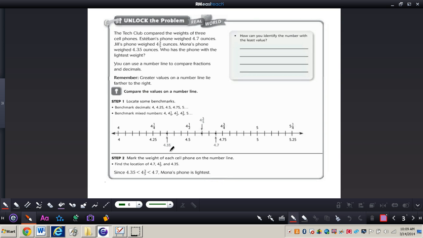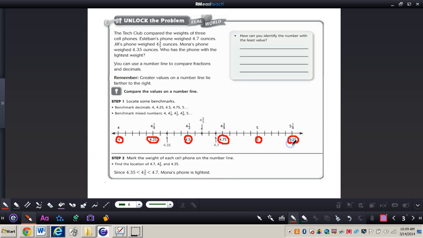Okay, so first of all, what we do is we want to locate some benchmark fractions, even some benchmark decimals. So some benchmark decimals, regular ones: 4, 4 25/100, 4 5/10, 4 75/100, okay, 5, 5 25/100.